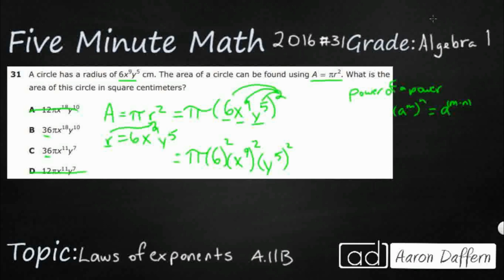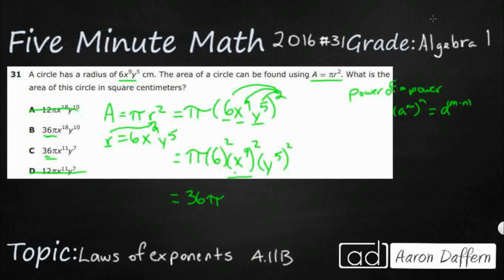So my number 6, my base of x, my base of y, I need to deal with each of those individually. So this is going to be pi 36, but it's always better to put the coefficient first. So I'm just going to go ahead and put 36 pi. We're not dealing with the pi, we're just leaving it right there. So that's both of those 2 answer selections right there.